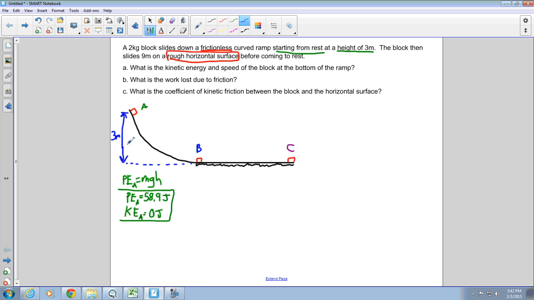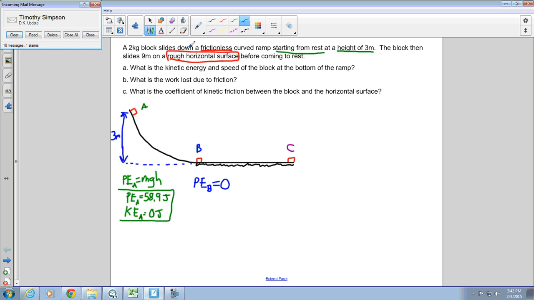So we have that drawn. And this is 3 meters. This is our 0 elevation line. So our potential energy at B reaches our 0 elevation, so 0 elevation or 0 height means potential energy at B is equal to 0.